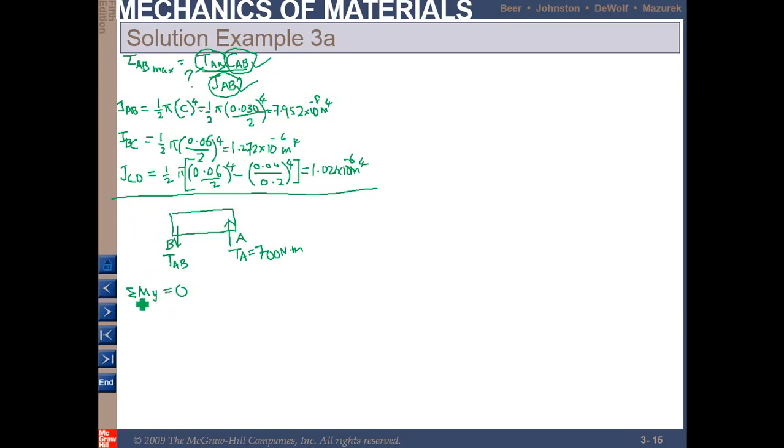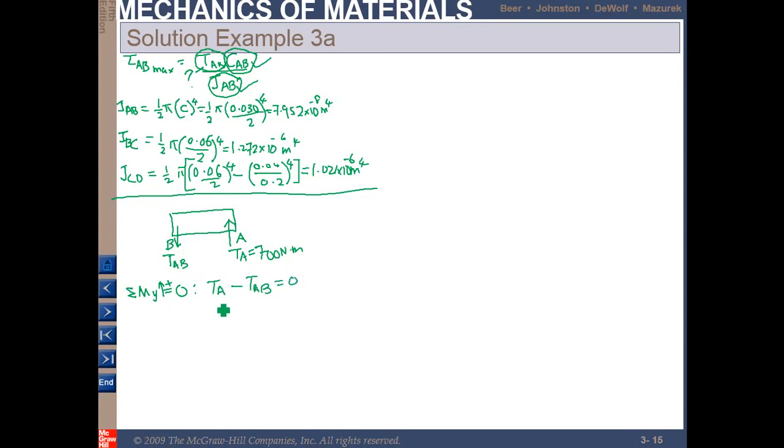So the summation of moment in the y direction is equal to 0. If you consider going up as positive, then TA is minus TAB, because the direction is going downward, and it should be equal to 0.